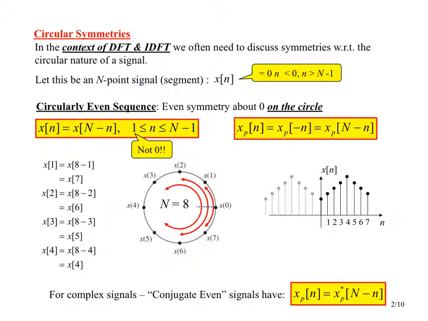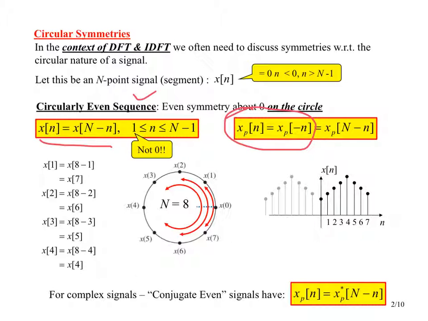So we will say that we have a circularly even sequence if x of n is equal to x of capital N minus little n. That really just comes about from saying that the periodic extension is itself an even function defined the normal way.